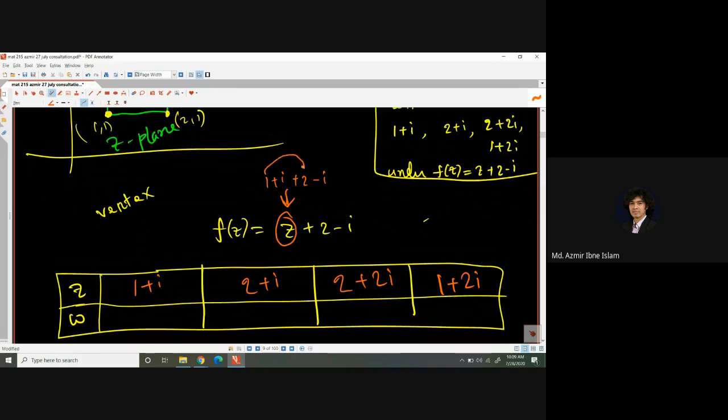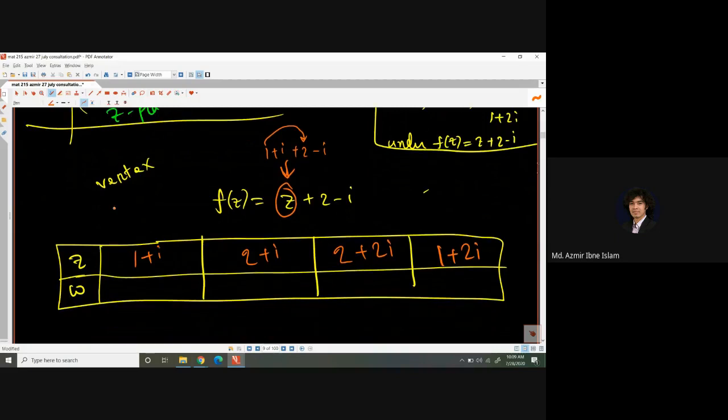Now sum up the real parts and the imaginary parts. Can you please tell me what the result will be here? It will be 3, 3 plus 0i only. Is that okay? So I am writing 3. I can also write 3 plus 0i, because any real number can also be thought of as a complex number.